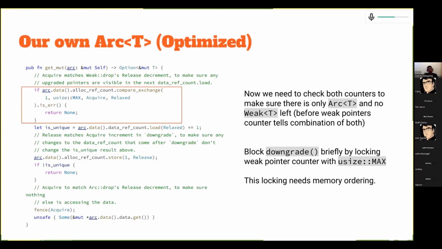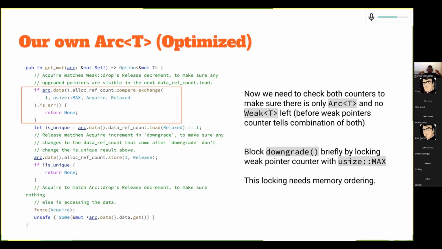The way we have this ordering is by having some kind of synchronization between these two methods, some kind of lock via compare exchange. The basic idea is you can only give an exclusive reference if both counters are 1.